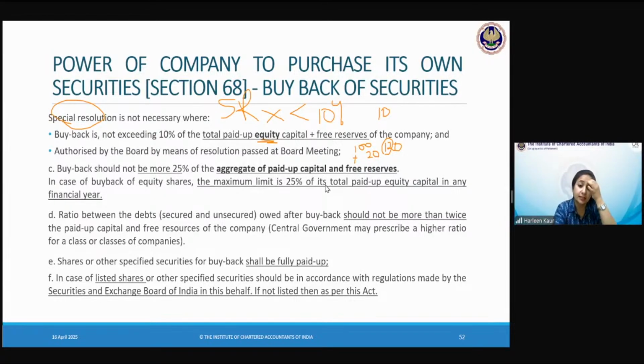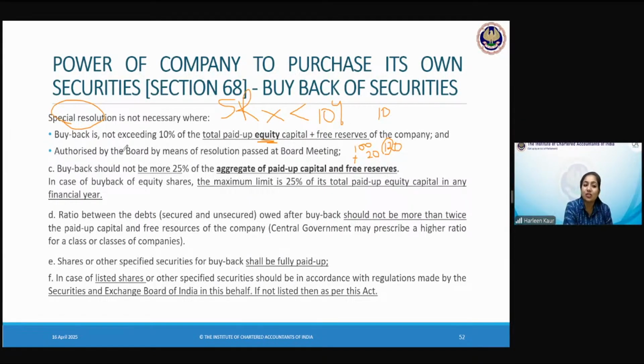No, ma'am, it will not be required. Excellent, Dhanush, Rajveer, Anubhav, all of you. Why? Because the buyback is less than 10% of total paid up equity capital plus free reserves, so special resolution is not required.